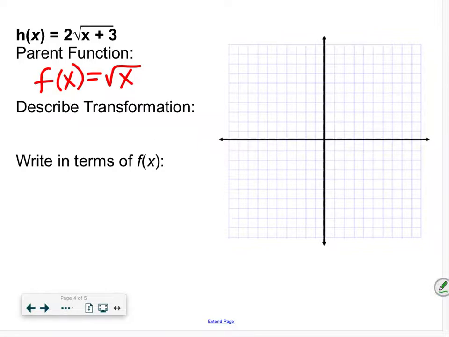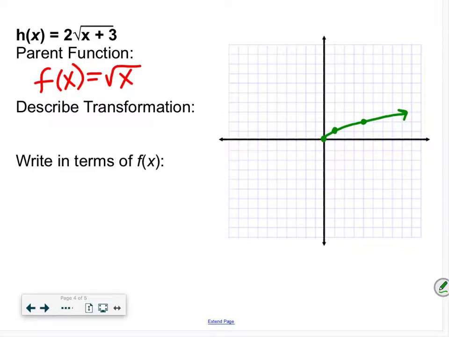I'm going to just draw the parent function so we can imagine it. You can if you want to, but at the very least, just think about it in your head. So bare minimum, I need you to remember that the square root starts at 0, 0, and we have the coordinate 1, 1. And then it's like a shooting star, right? If you want, you can go to 4, 2 as well. But bare minimum, I need these 2 points right here, and then I need to see that shooting star.